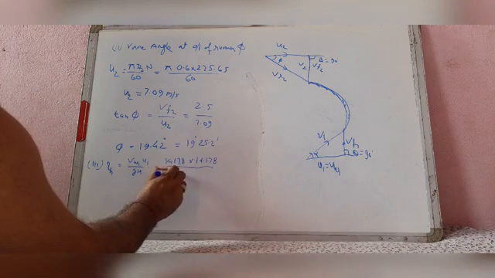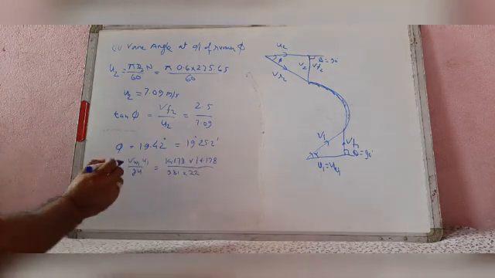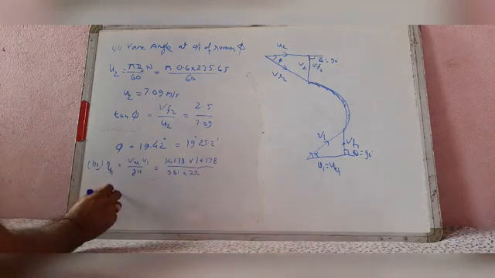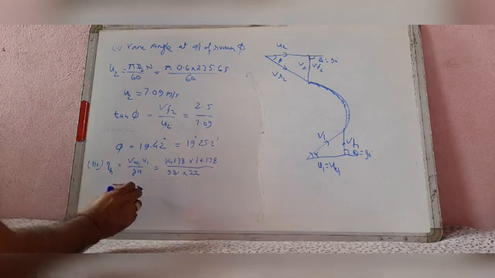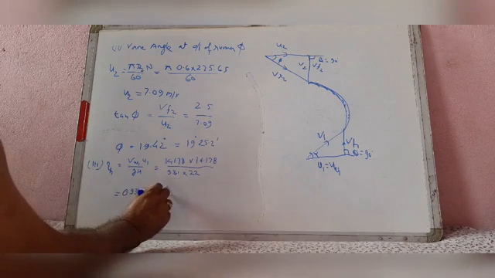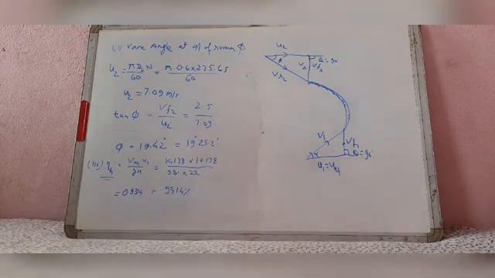This is 9.81 and H is 22 meters. So this eta hydraulic comes 0.9314, that is 93.14% is the hydraulic efficiency of this turbine. So you have to solve more and more questions.